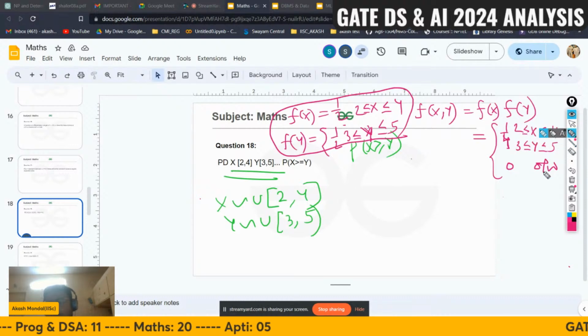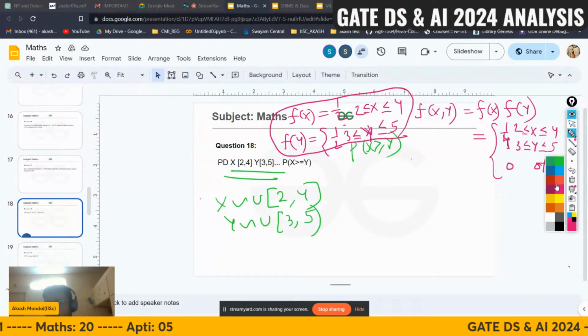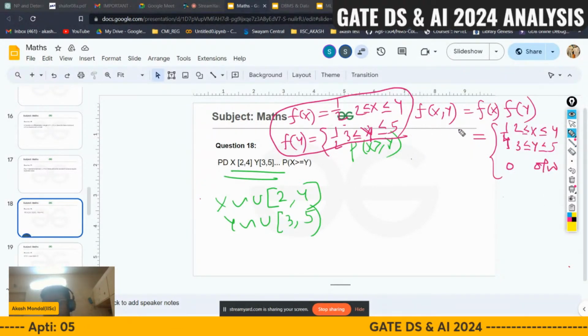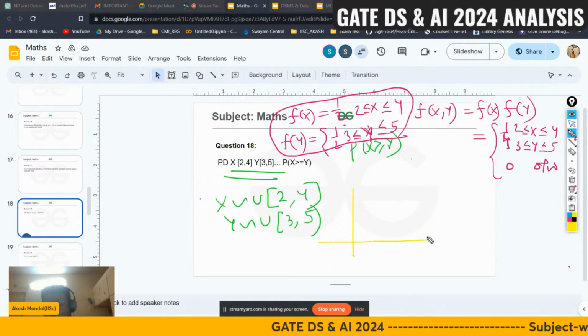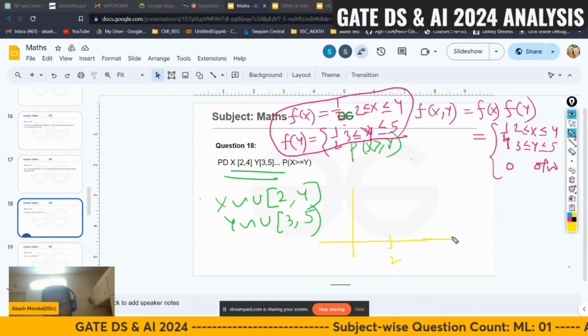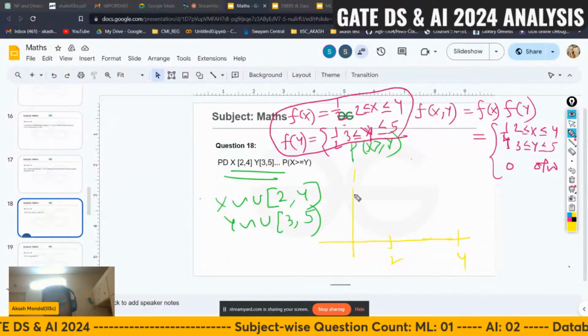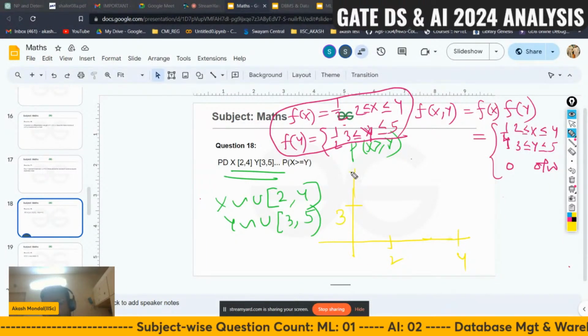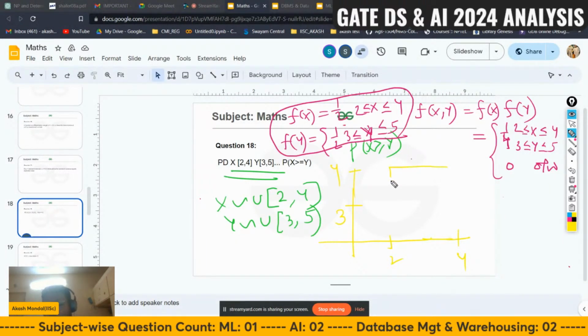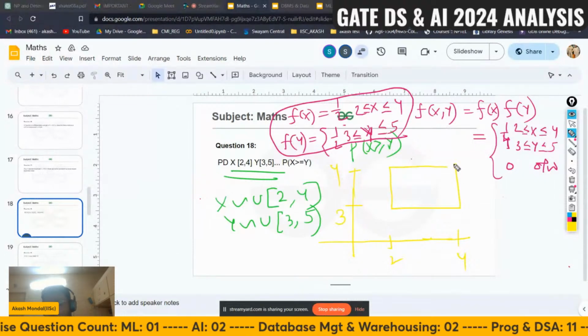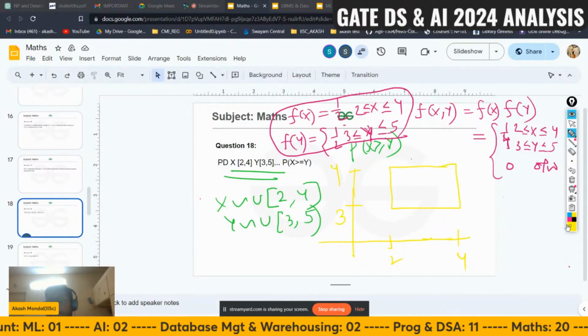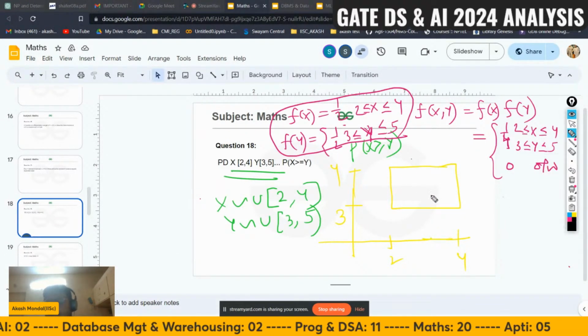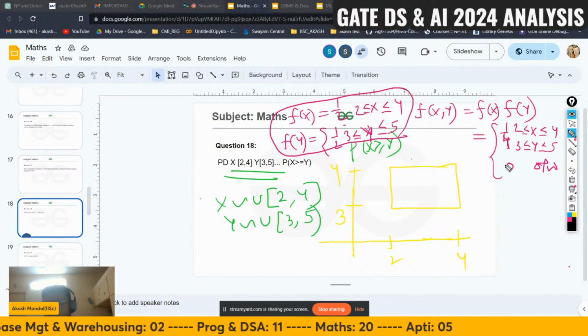Now they are asking you to compute x greater than or equal to y. So let's plot it, right? So x is from 2 to 4. Let's say this is 2, this is 4, and y is from 3 to 5. Let's say this is 3, this is 5. So this is the square. Over this region, the density function is non-zero, and in other regions it is 0.